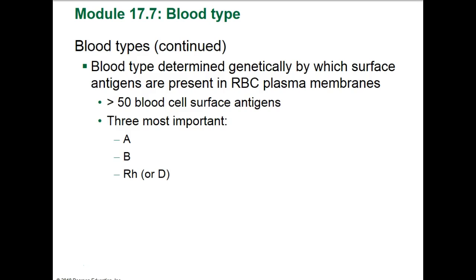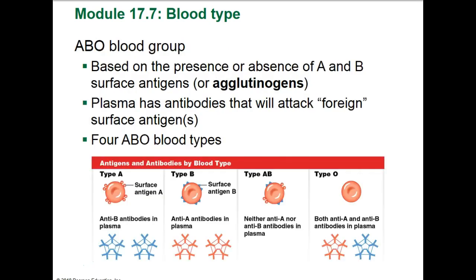But these are the ones that have the most importance when we're talking about getting some kind of transfusion. So A, B, and Rh factor. The ABO blood group is based on whether you have the A or the B surface antigen. Another name for these particular antigens is agglutinogens.